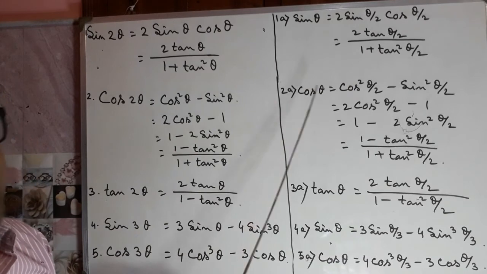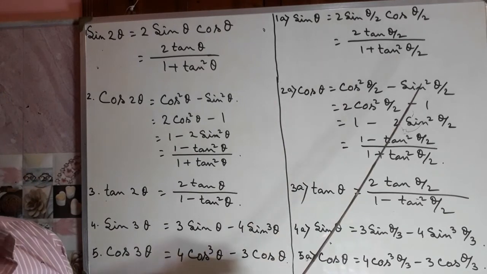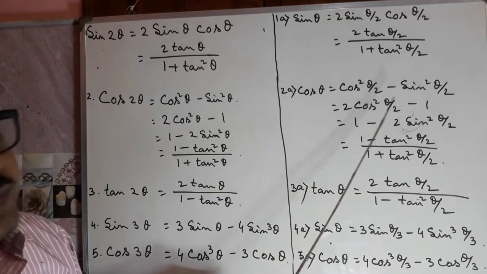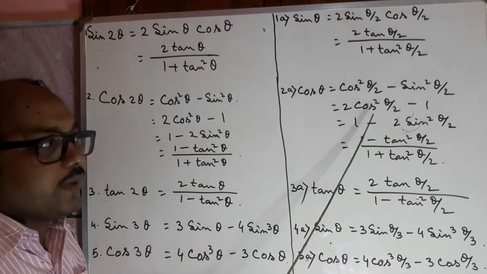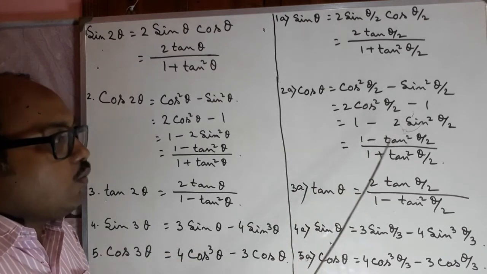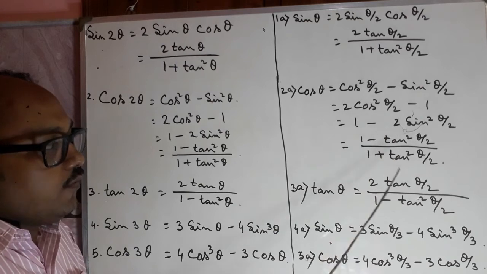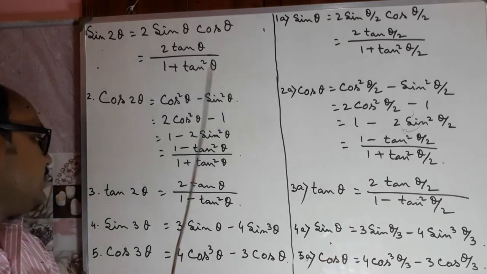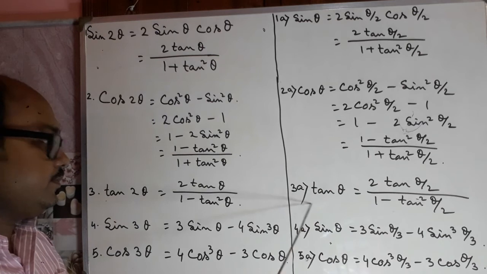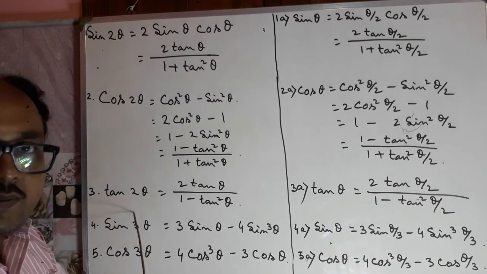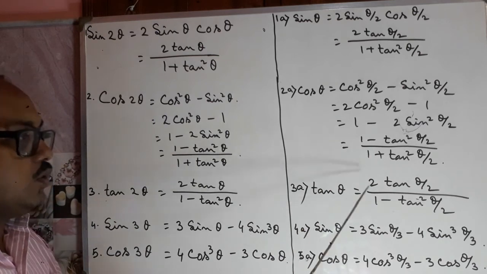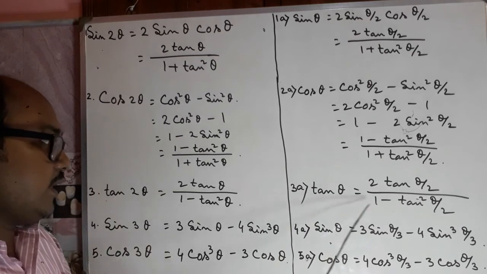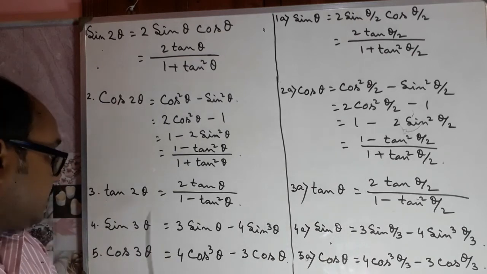Similarly cos θ will be cos² θ/2 minus sin² θ/2, or 2 cos² θ/2 minus 1, or 1 minus 2 sin² θ/2, or (1 minus tan² θ/2) by (1 plus tan² θ/2). Similarly tan θ, again with θ replaced by θ/2, will be 2 tan θ/2 by 1 minus tan² θ/2.